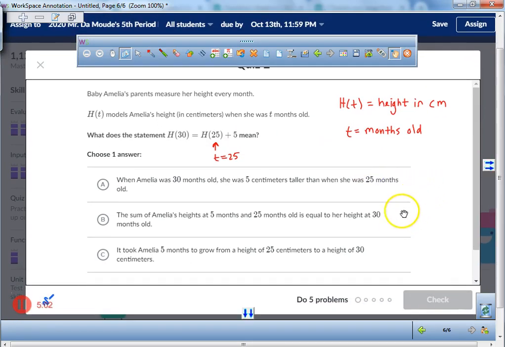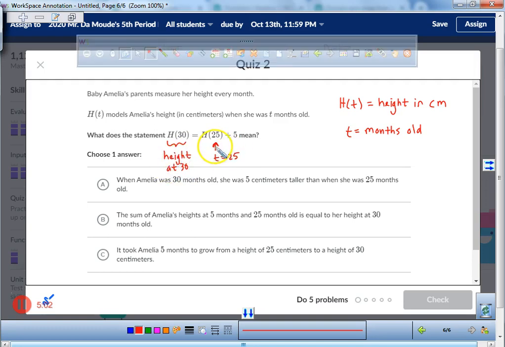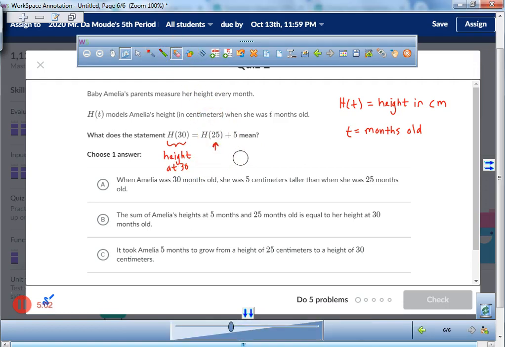So we got to figure out which one of these statements works. So this part right here represents her height at 30 months. This represents the height at 25 months.